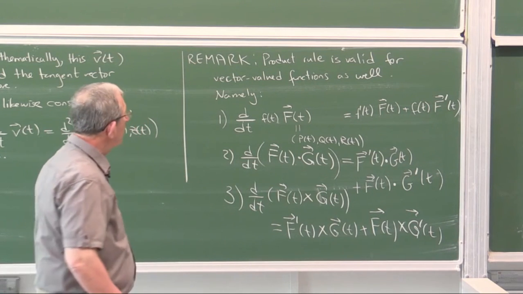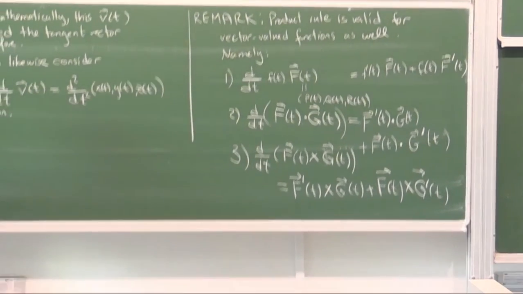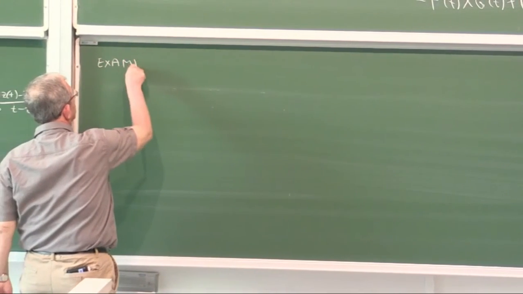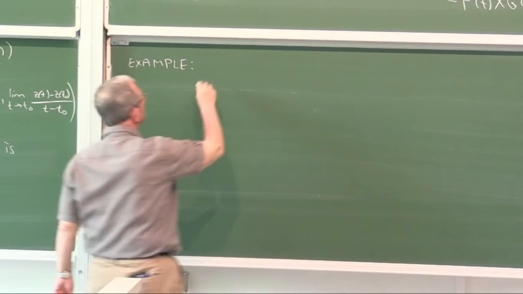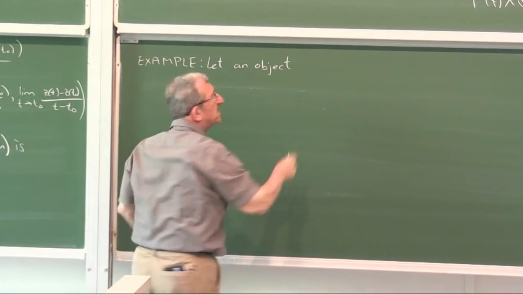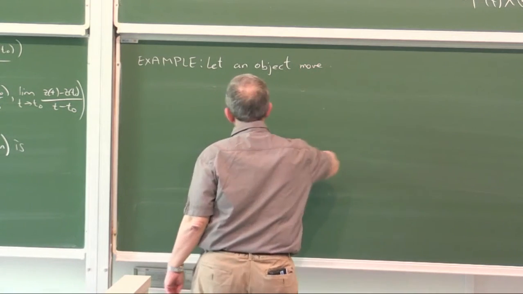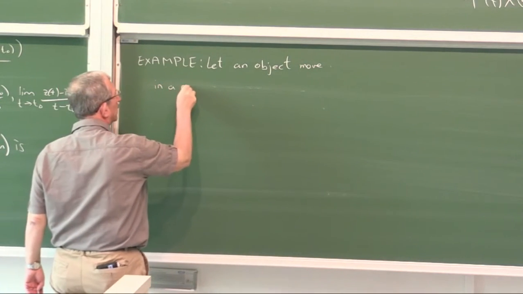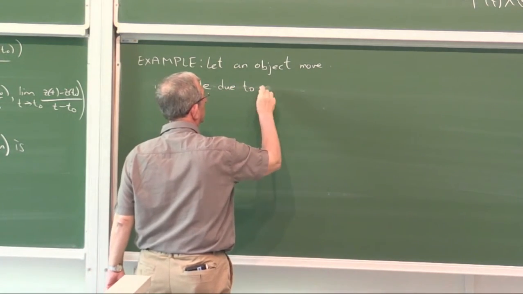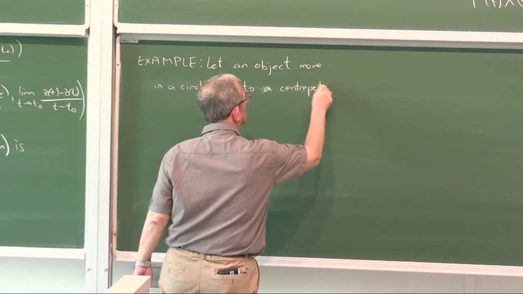Now, to apply these ideas, we started with physics. So, as an example, let us consider the following. Let an object, some mass, move in a circle due to a centripetal force.